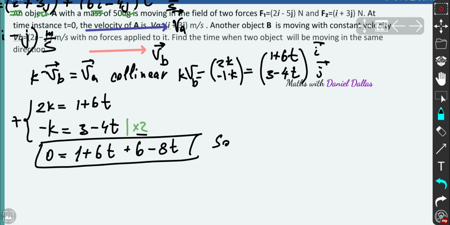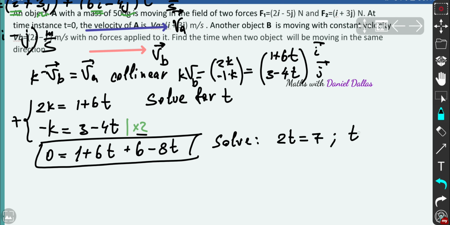Here I need to solve for t. By solving that, 6t minus 8t is -2t, so 2t will be equal to 7, from where time is going to be 7 over 2, or 3.5 seconds.